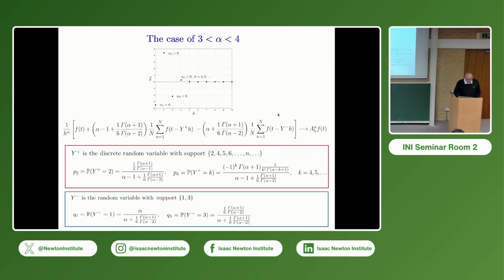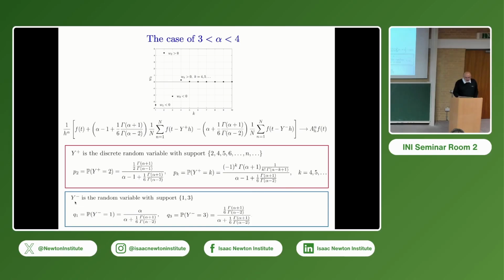Finally, as an example, the case of alpha between 3 and 4. And here we have both present, y plus and y minus. And y plus has that infinite number of values. 1 is dropped and 3 is dropped, so 2, 4, 5, 6, and so forth.